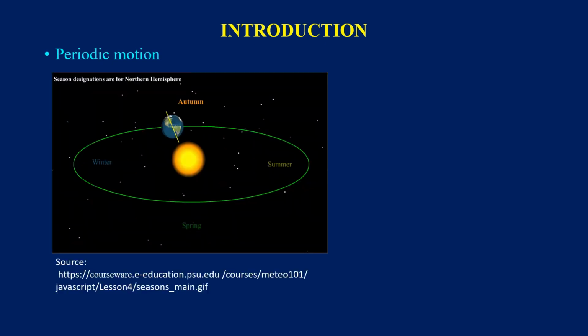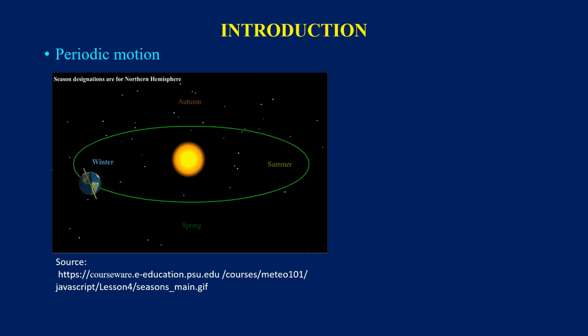Now let us know another type of motion, that is periodic motion. If the motion of a body is repeated itself at regular intervals of time, then its motion is called periodic motion. An example for this is revolution of earth around the sun. Here observe the motion of the earth.